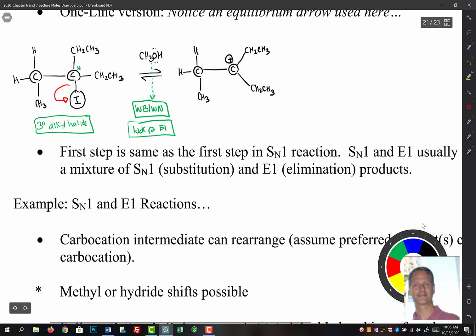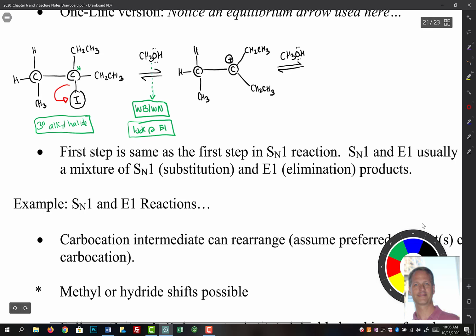All right, and then we go through now and carry out our second step. CH3OH is going to act as our base, and we're going to grab an H. Now, notice here, because we have this carbocation and because our leaving group has left, there's none of this anti-periplanar, coplanar stuff that we have to be concerned with as we did with an E2.